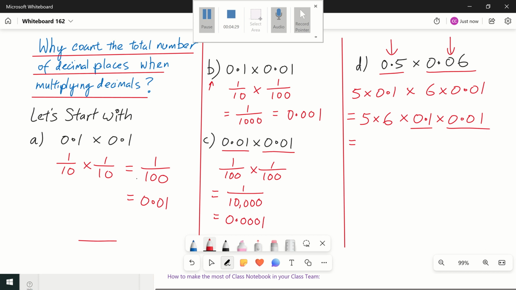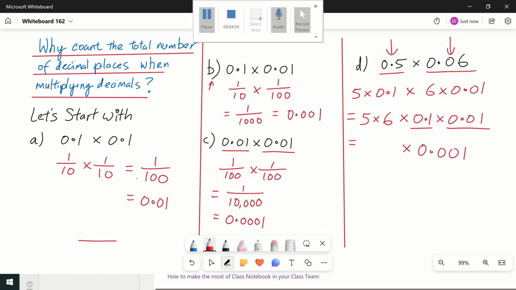So altogether, when we are multiplying those two decimal numbers, we have 1 decimal place in the first number and 2 decimal places in the second number. So what we have altogether is 3 decimal places, 0.001.